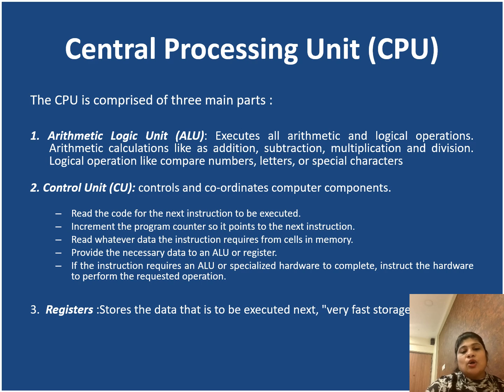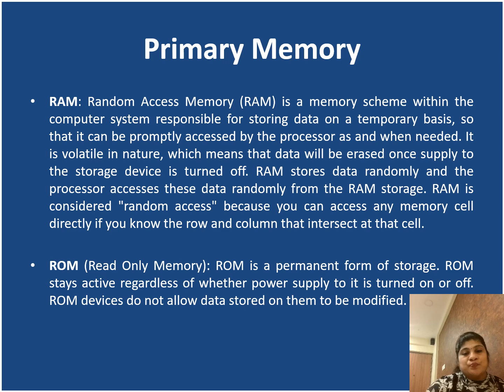The control unit is the part that handles the handover of processing data and information, from raw material, raw information, to output information. Third is the register, which holds the data to be executed next; it is very fast storage included in the CU.